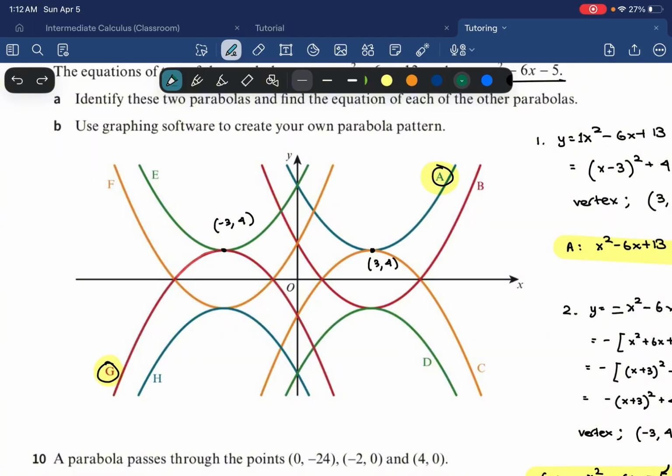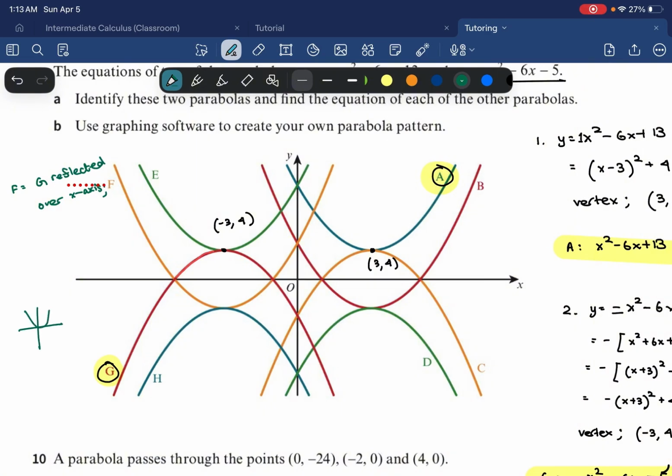So what I observe is F is just G reflected over the x-axis. And basically, once you know that, if you want to reflect a graph over the x-axis, you just take the negative of the whole equation, right? And why is that so?